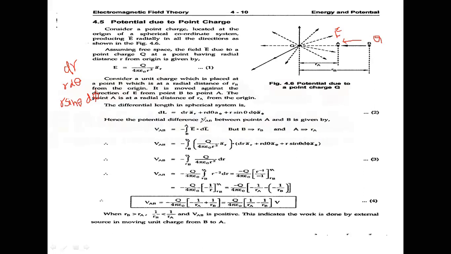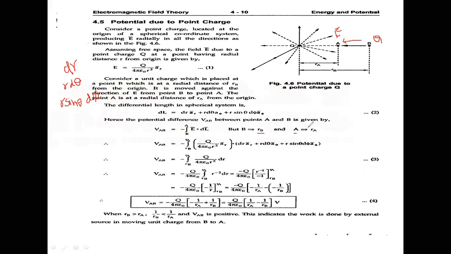So the potential difference VAB between the points A and B is given by the formula VAB equals minus integral from B to A of E bar dot dL bar. B is at distance RB from the origin, and A is at distance RA from the origin.